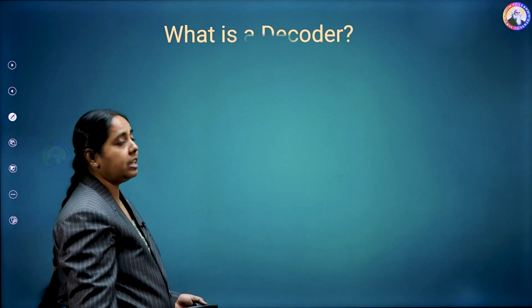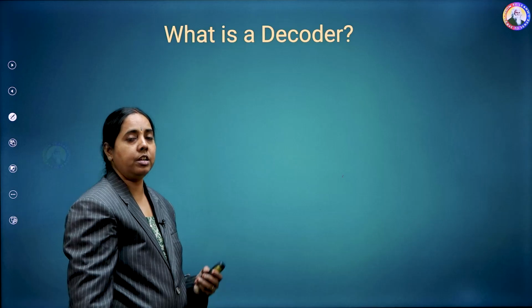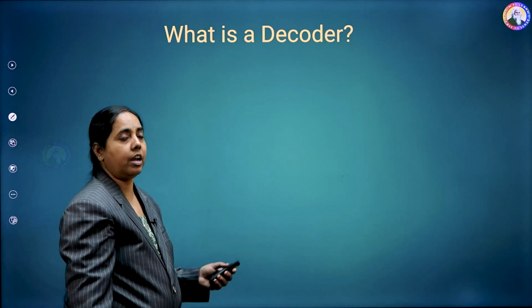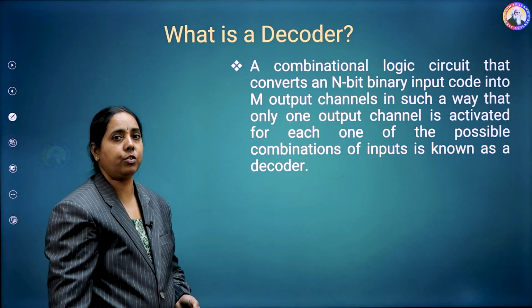Next, we will go for another type, that is decoder. This is also one of the data transmission combinational logic circuits, and the type is decoder. So, what is a decoder? First of all, you need to know what a decoder is.